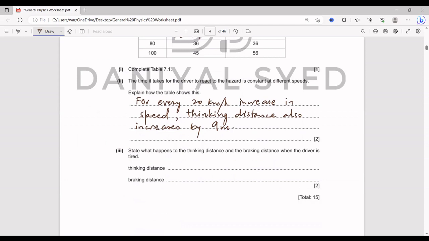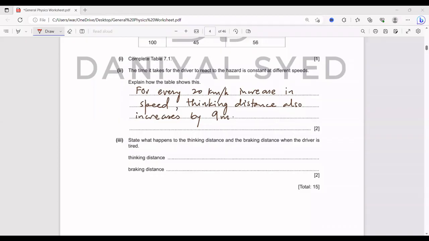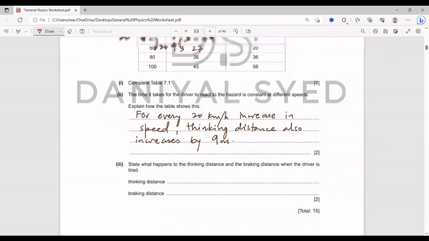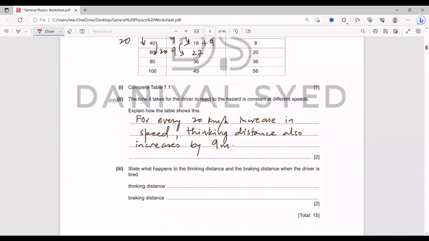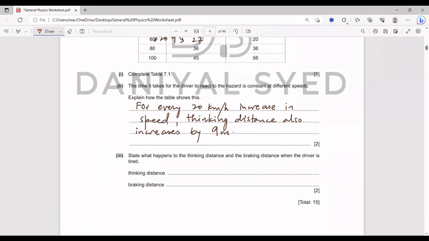Now, what happened to the thinking distance? Students, in part 3, state what happens to the thinking distance and the braking distance when the driver is tired. When the driver is tired, the thinking distance will increase, because the car will travel more distance in less time.